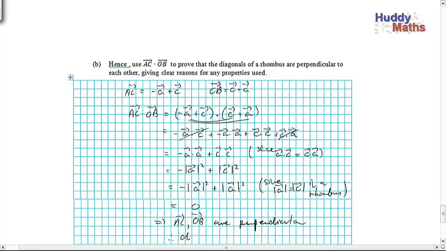Therefore, diagonals are perpendicular. We didn't have to say they bisect each other, they're perpendicular.